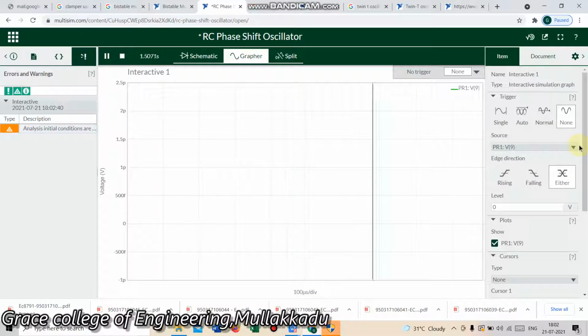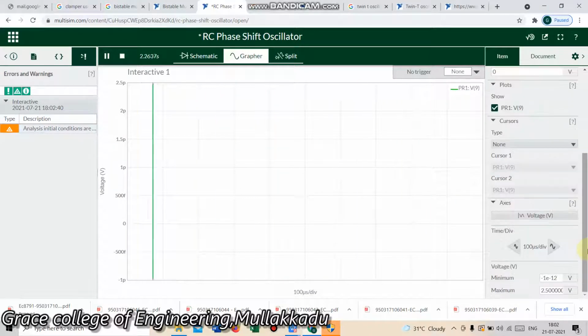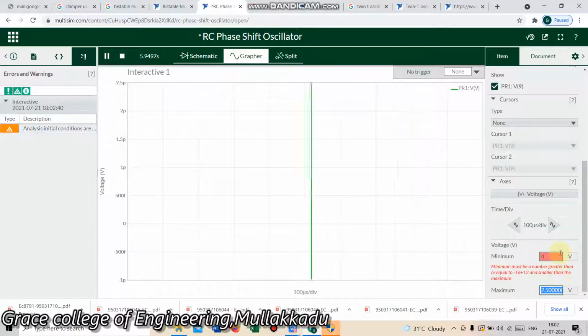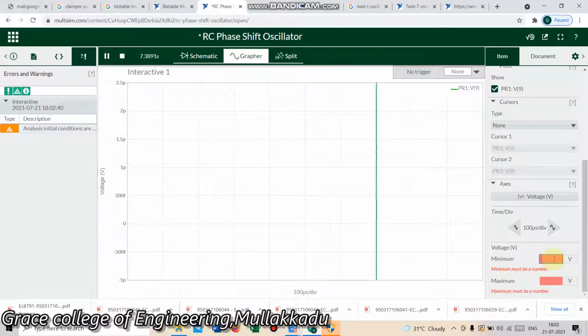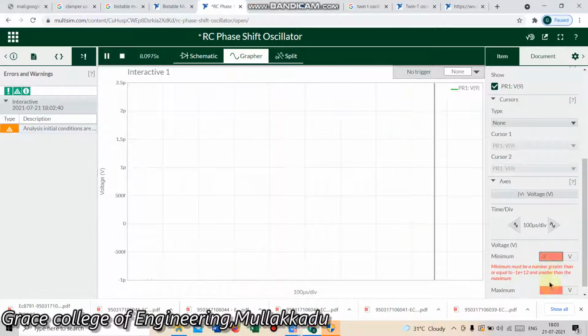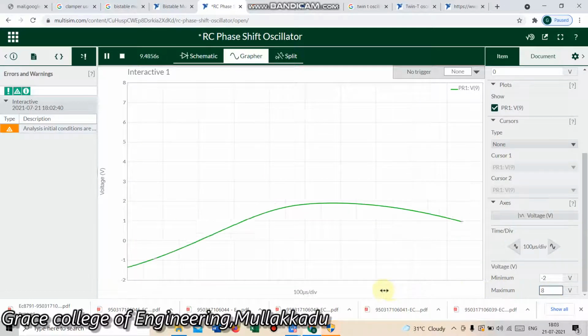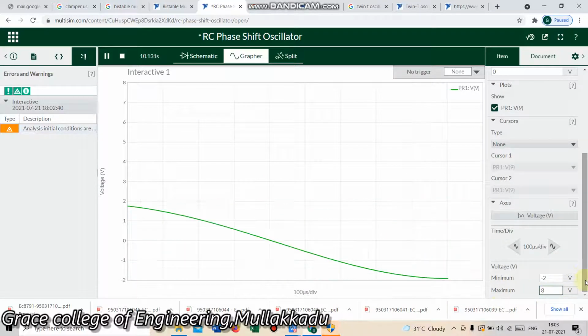If we adjust the time scale, we can see how sine waves are generated.